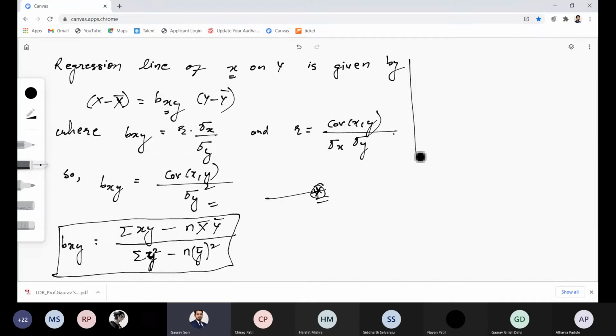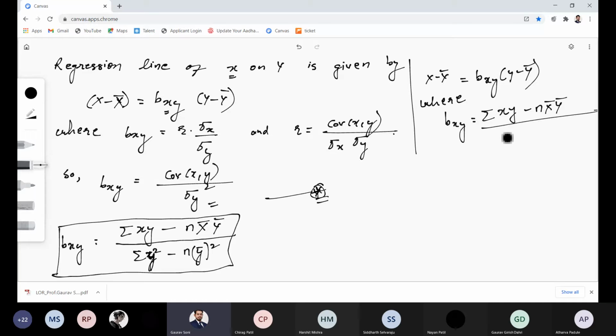So in your list, what we have to add? x minus x bar is equal to bxy times y minus y bar, where bxy is equal to summation xy minus n times x bar y bar upon summation y square minus n times y bar square. That's it.